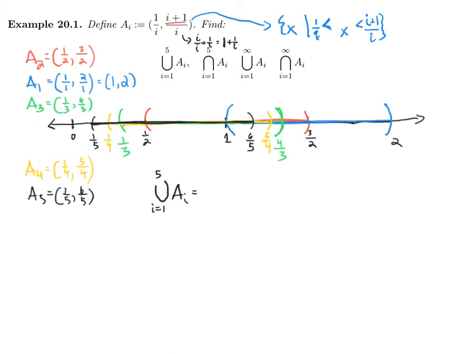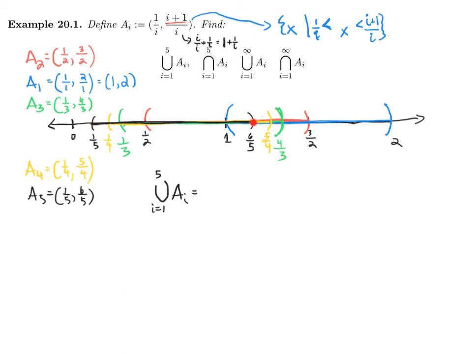There exists one set, or more than one set, of course, that it's a member of. So if we think about it, all of these points that got highlighted from 1/5 all the way to 2, they're in one of these sets.